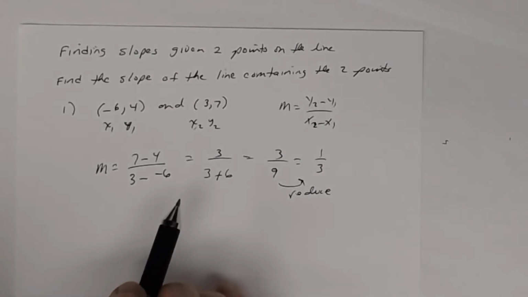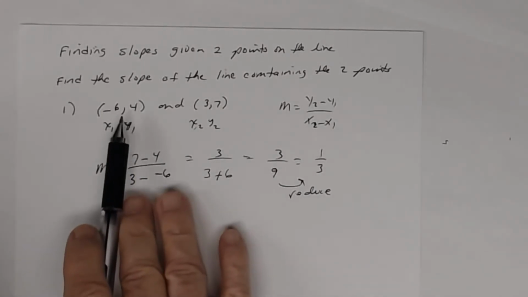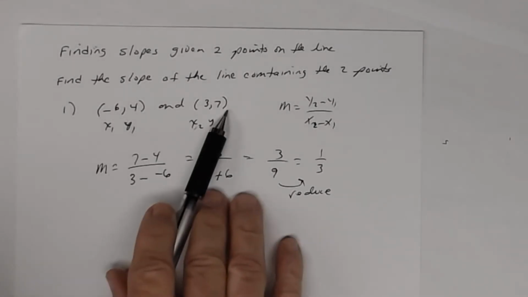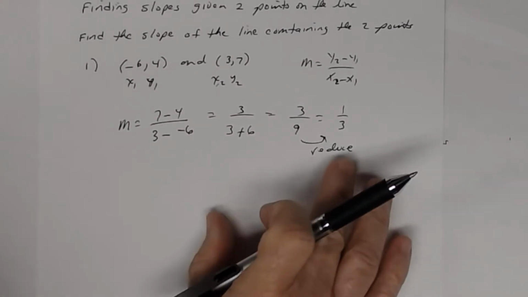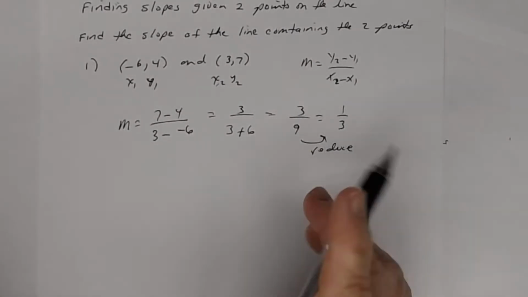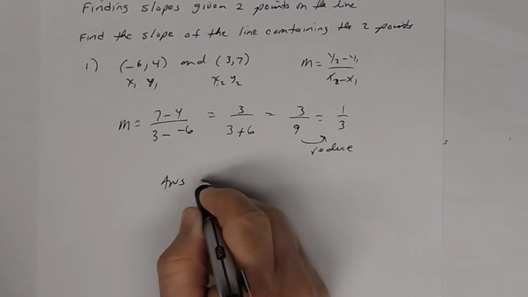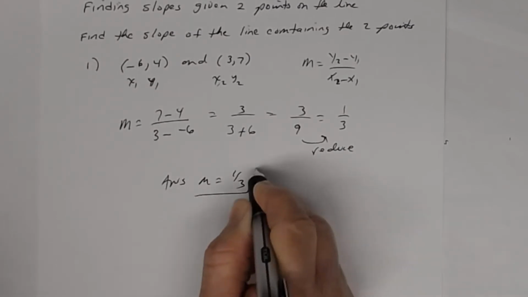Now, remember, it did not matter whether you call this the first point or the second point, right? Notice we got the slope to be 1/3, and that's all they wanted. You're done. That's the answer. So you'll say slope is 1/3. All right.